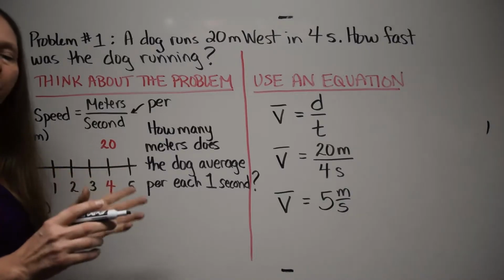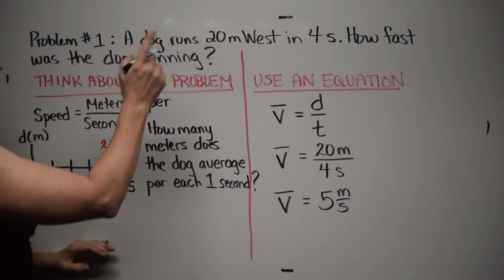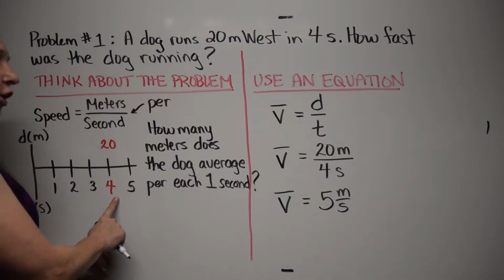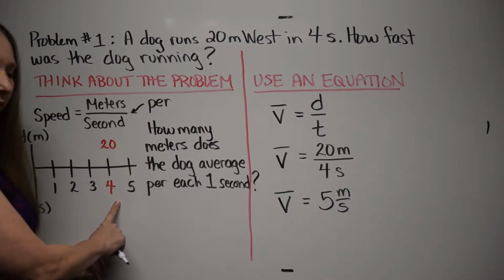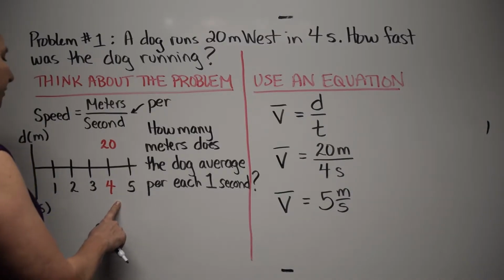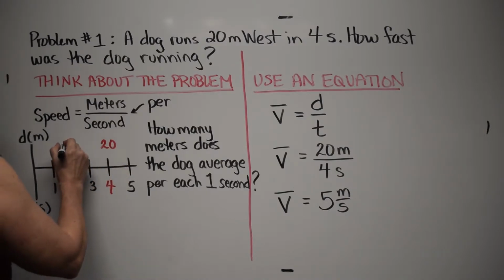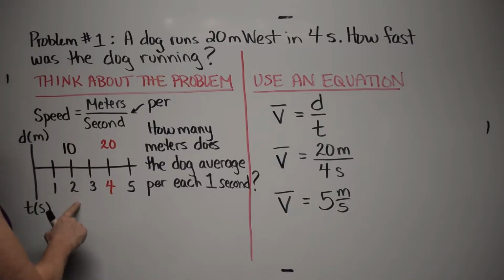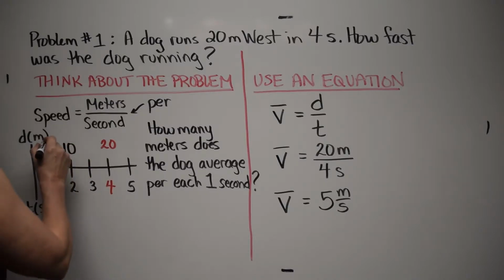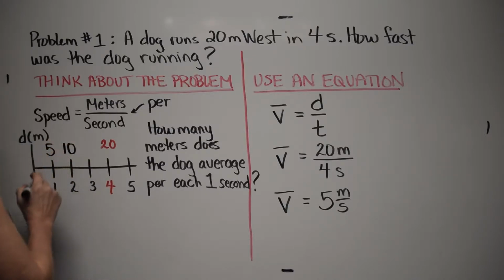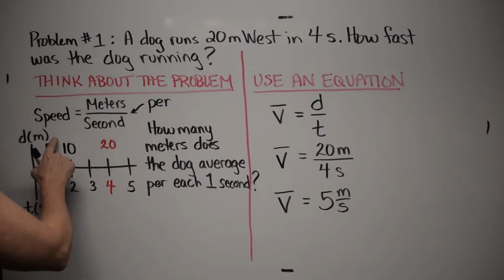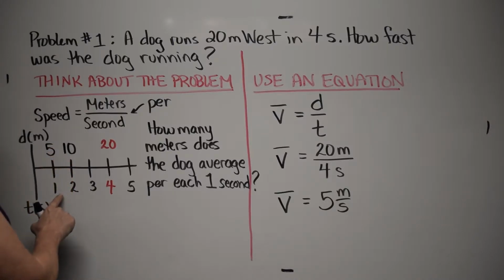What I'd like you to focus on is the fact that they told us that the 20 meters corresponds to 4 seconds. So if the dog covered 20 meters in 4 seconds, we can reason that the dog covered approximately 10 meters in 2 seconds, and we can further reason that the dog covered approximately 5 meters in 1 second. So the dog's speed is 5 meters per second.